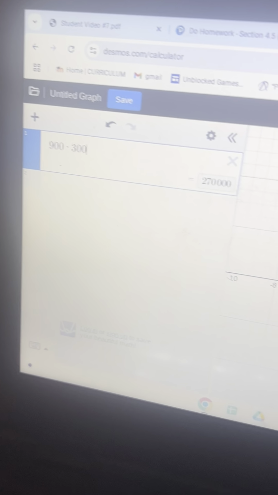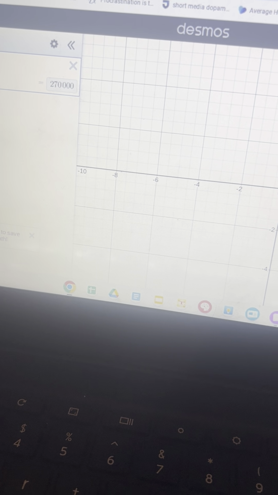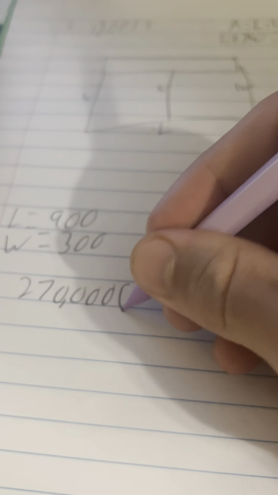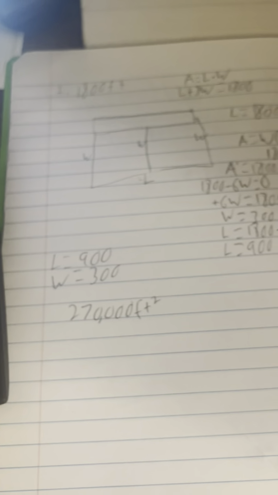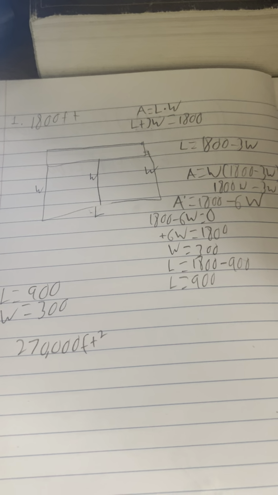That'd be 270,000. All right, yeah. So 270,000 feet squared. That's the final answer. That's the maximum area that he can use when you optimize it.